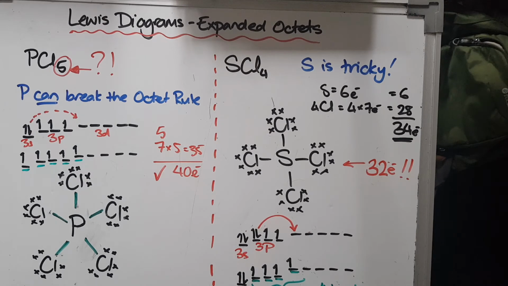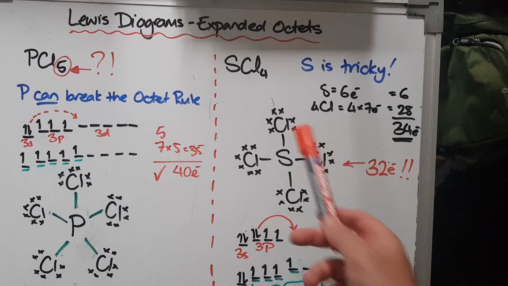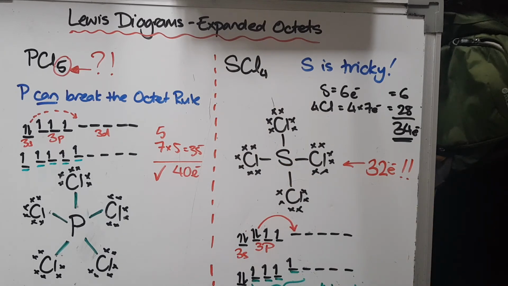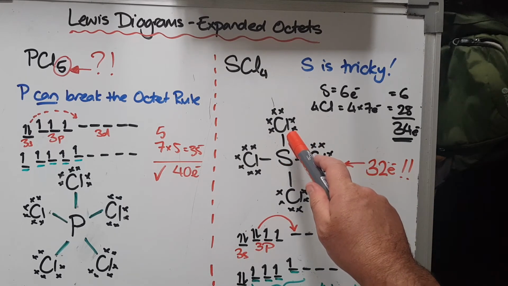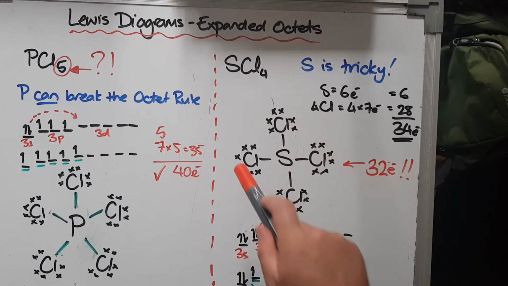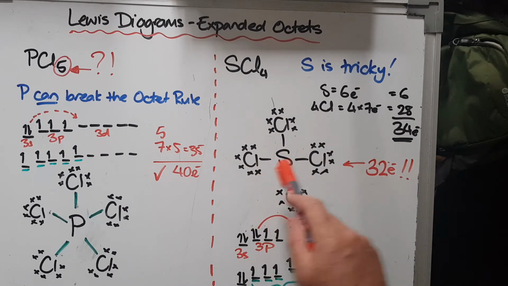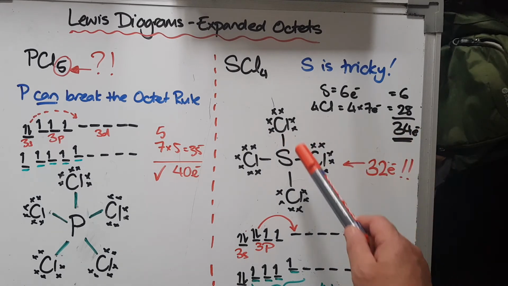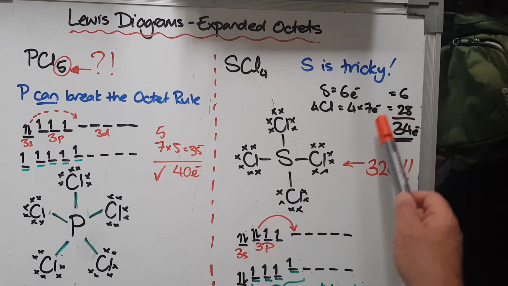So here's how I would construct sulfur. First of all, and I haven't finished this one here on purpose, I put my sulfur in the middle because it's got the highest valency. Chlorine's only got a valency of 1. So I put my sulfur in the middle. Then what I do is I put each chlorine around it and give them a bonding pair of electrons. That uses up 2, 4, 6, 8 of my 34 electrons.